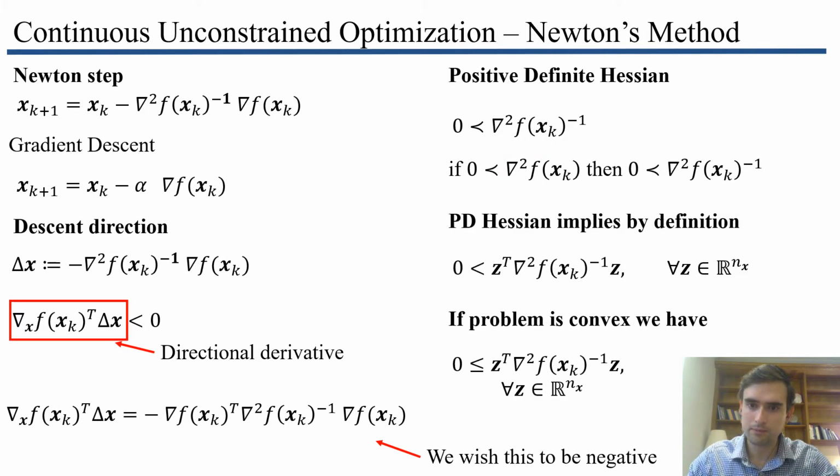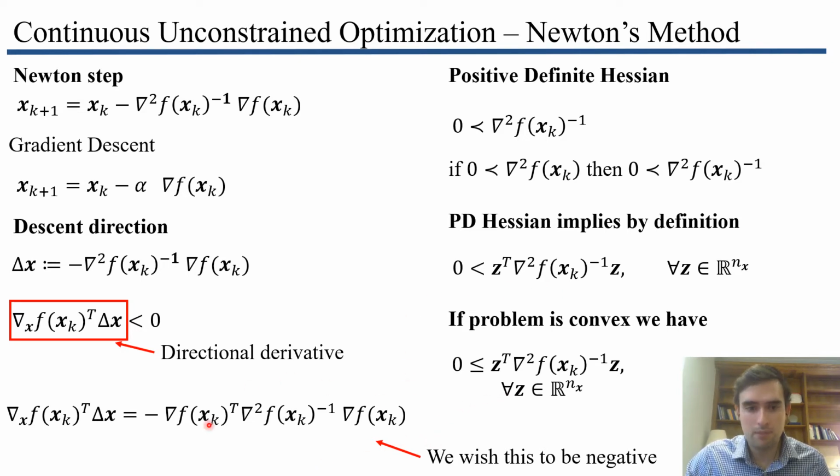And why is that? Because from the definition of a matrix being positive definite, in this case our Hessian, we know that if we multiply it by the same vector from the left and from the right, then this term is always going to be bigger than 0, if this matrix is positive definite.